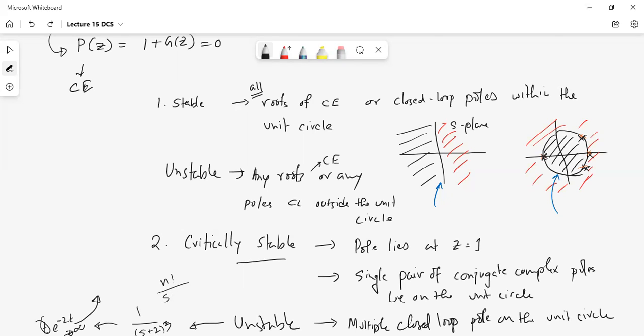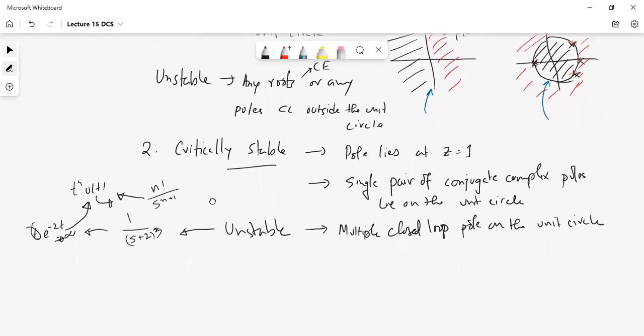If you don't recall this, you can review chapter 2 of the Ogata book. So the bottom line is, for critical stability, a single pole on the unit circle, or a complex conjugate pole pair, can be allowed, but multiple poles are not allowed. This is the condition for the critically stable and the unstable.